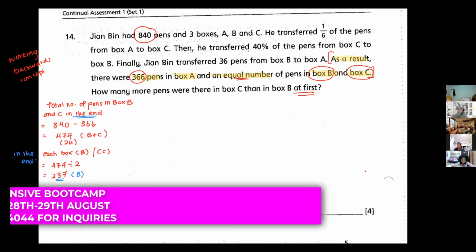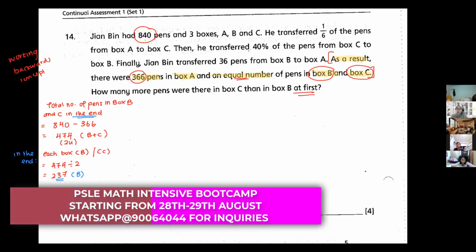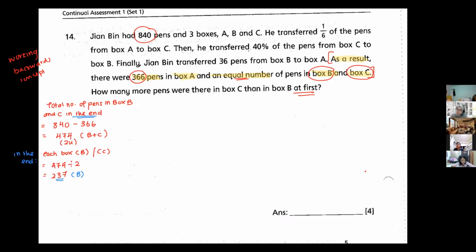I am more focused on box B because the sentence before the yellow highlighted one is about box B. Let's look at it. I'm going to highlight in green now. "Finally, Bin transferred 36 pens from box B to box A." Can you see? It's about B.